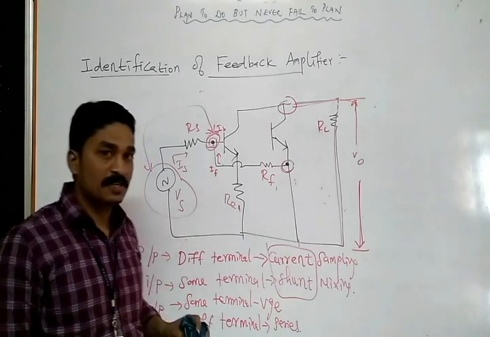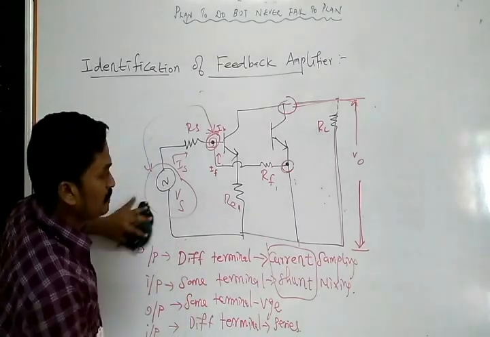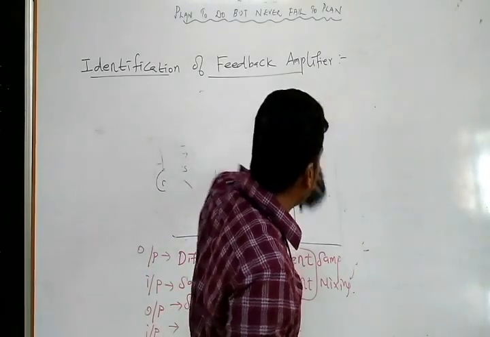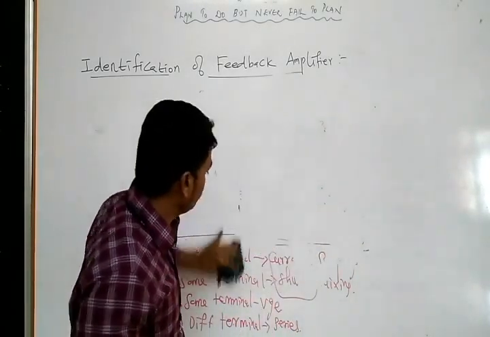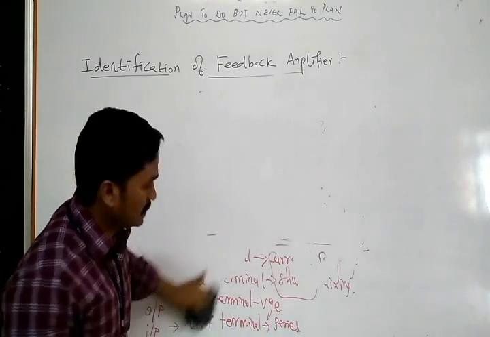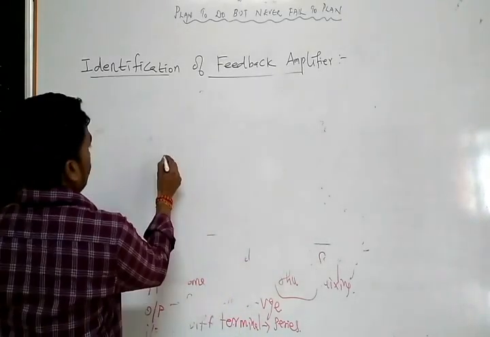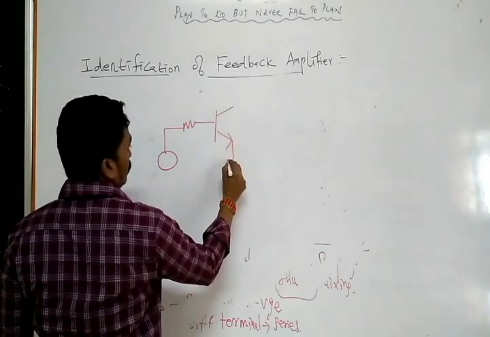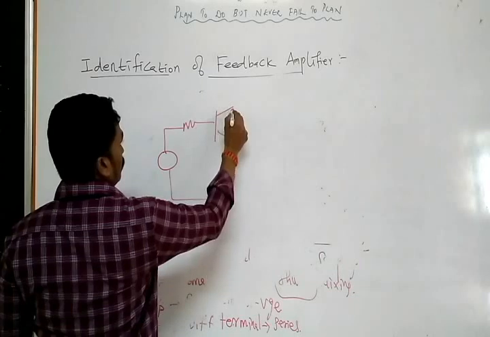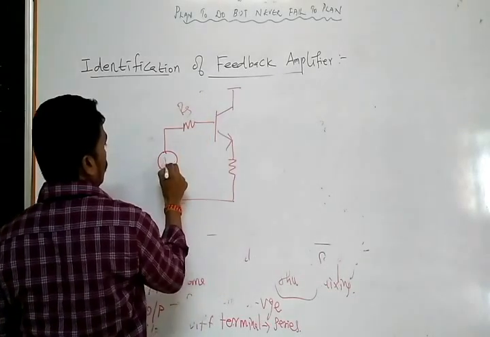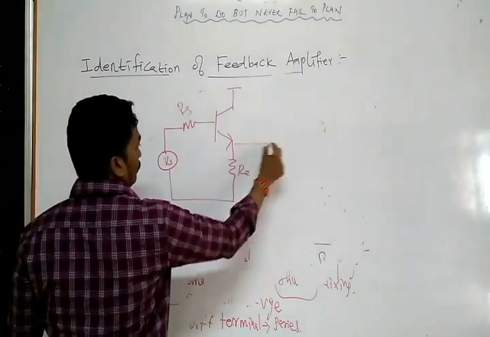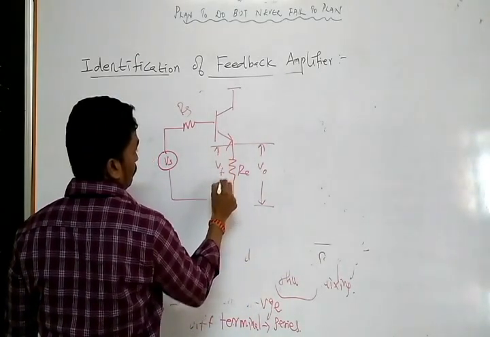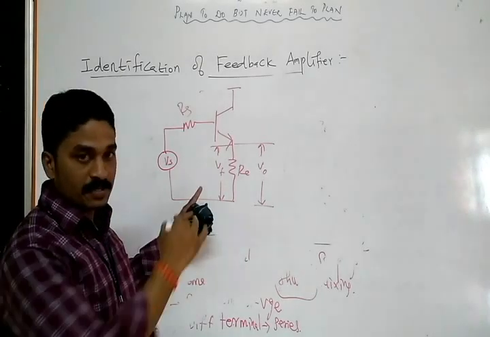Let us go to the previous picture to see how this shortcut method will work on that circuit. As I said, this shortcut method will work on almost all circuits. Let us take the same figure again. Right, this is the same picture.